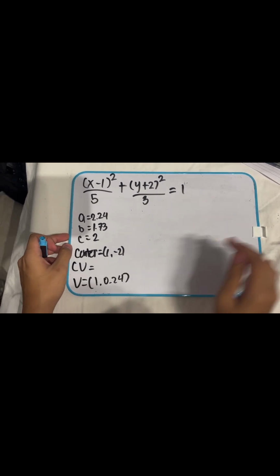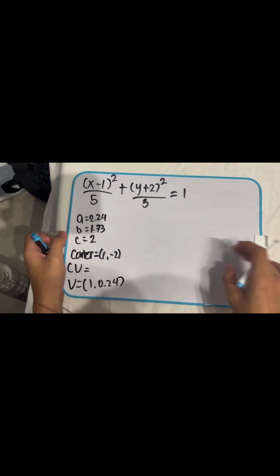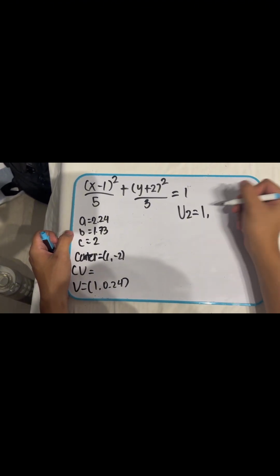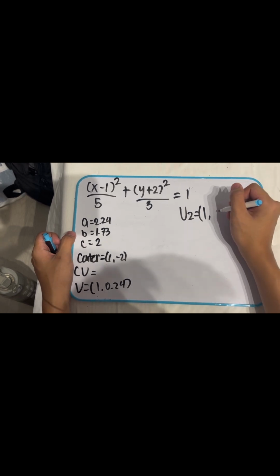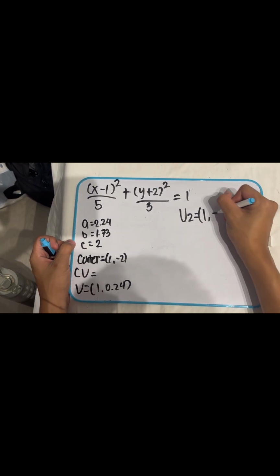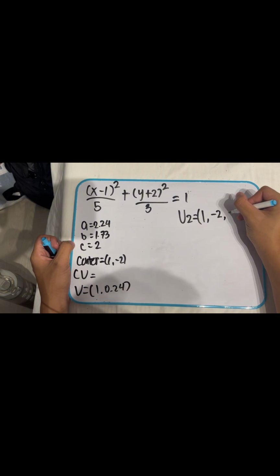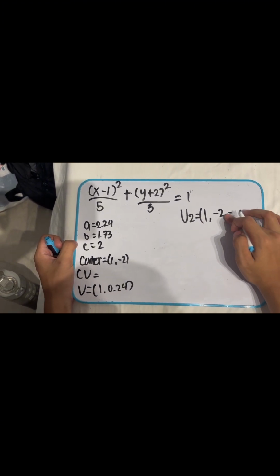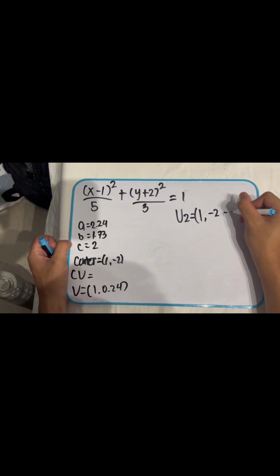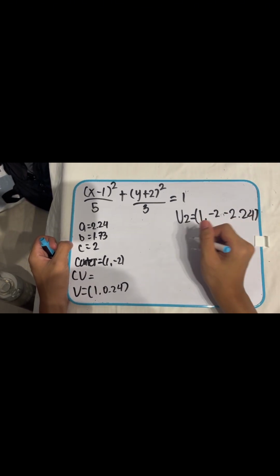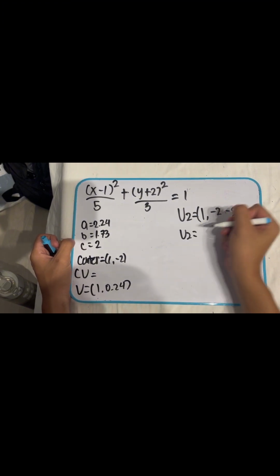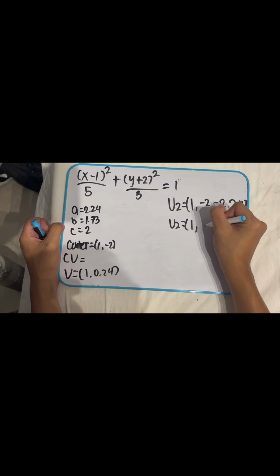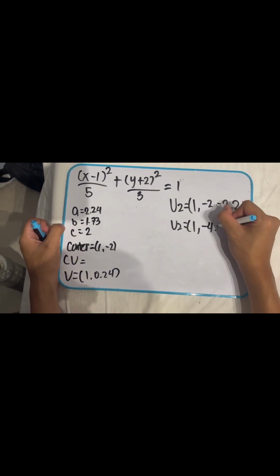Let's get the value of our other vertex, which is going to be V2 equals 1 and negative 2 minus 2.24. Since they're both negative numbers, we're just gonna add and copy the sign.